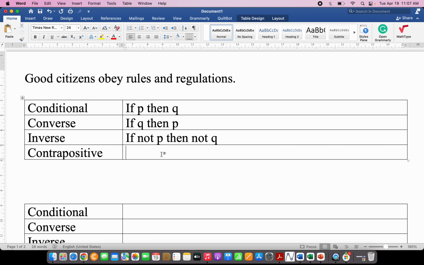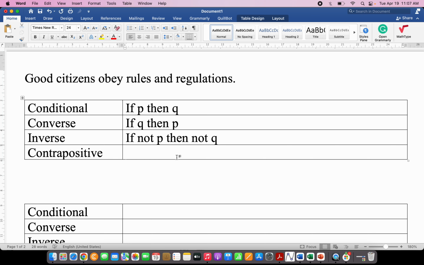Kung inegate natin siya, kabaliktaran ng sent, unsent. Ninegate mo lang siya. Just like true, false. False, true. Polygon, not polygon.